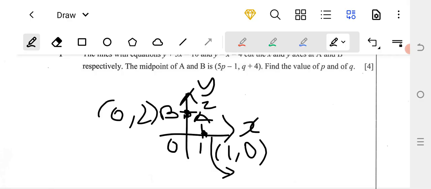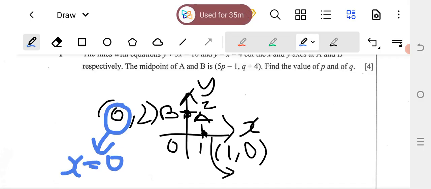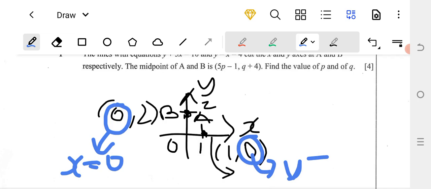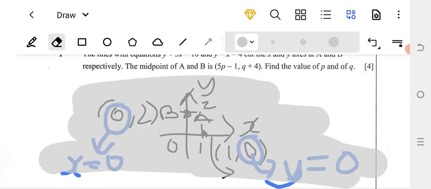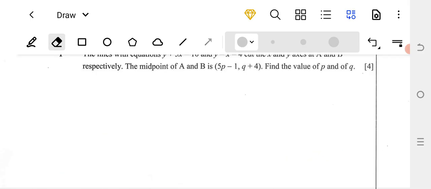Along the y-axis, x is equal to 0. Along the x-axis, y is equal to 0. That's what I wanted you to take note of before we start answering. Others may be confused, so it will be better explained when I start answering.